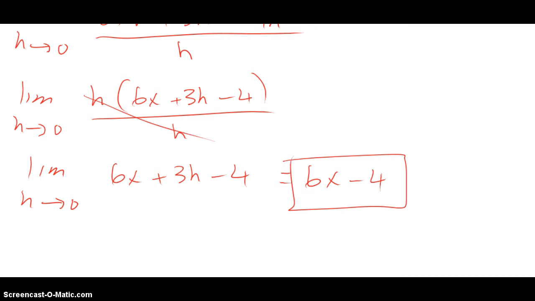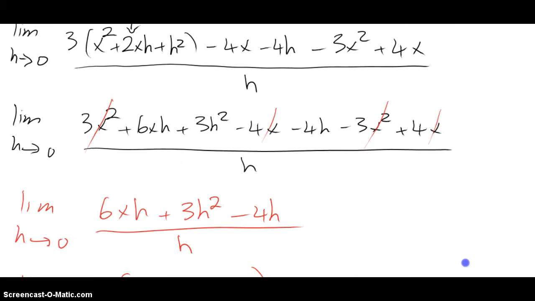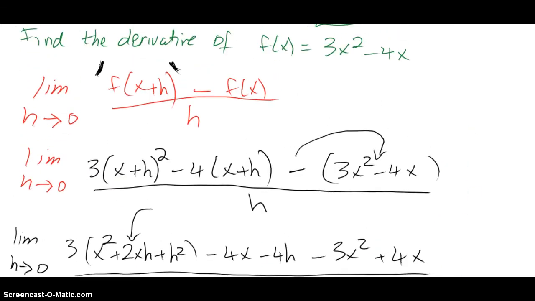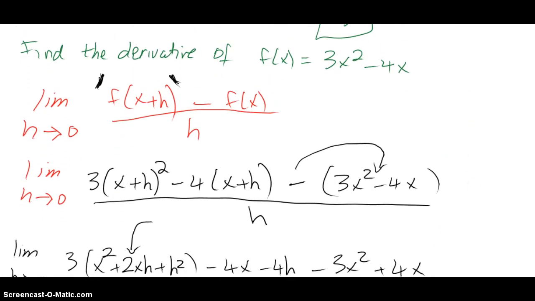Now, in this question they didn't ask you to do this, but what if way back when we started this question, I said, can you find the derivative of this function, and they actually give you a point, let's say at the point 1, negative 1.